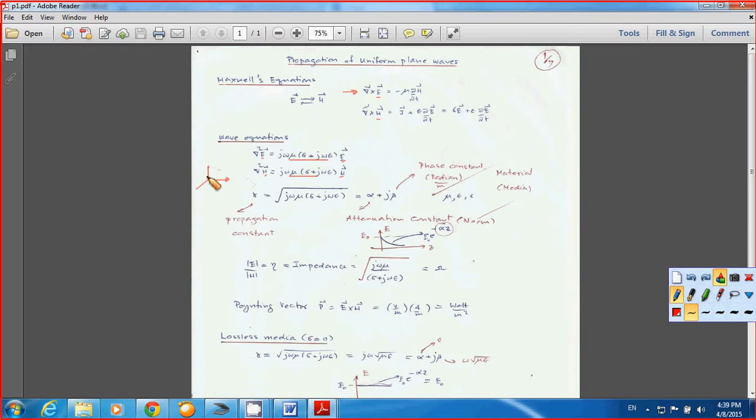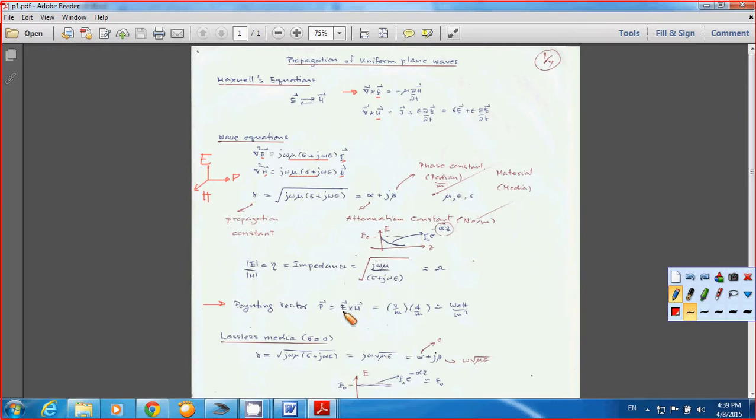Okay, this one can be the electric field, and this one can be the magnetic field, E and H. The direction of the wave propagation is represented by P, where P is the Poynting vector.